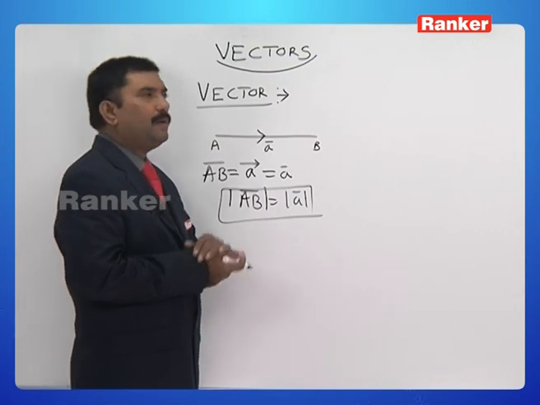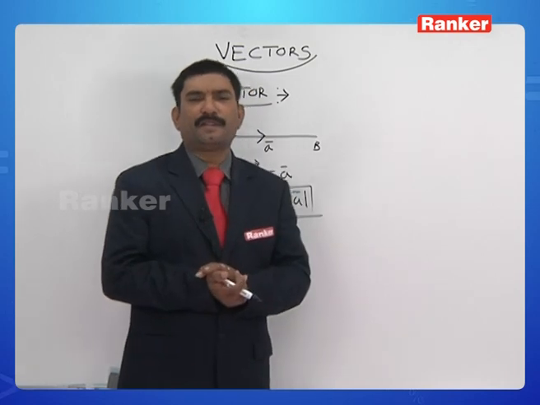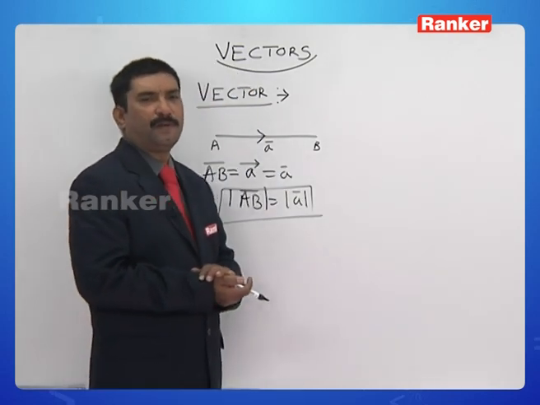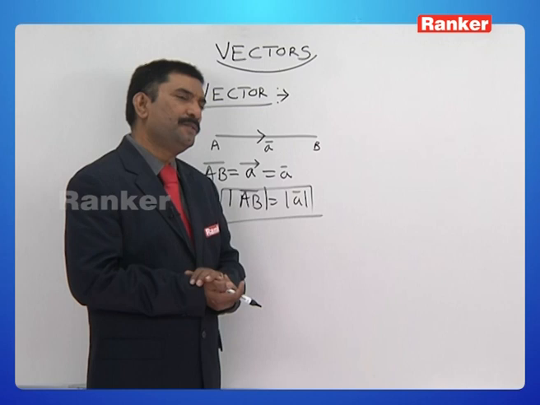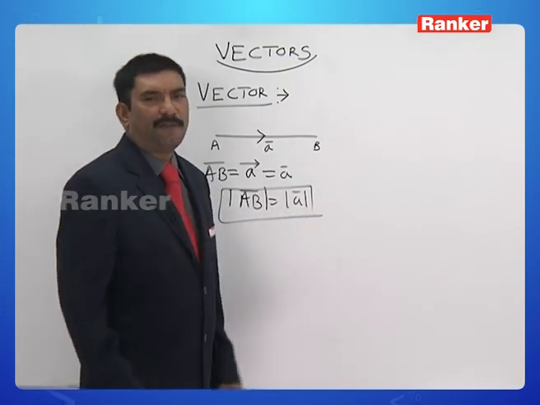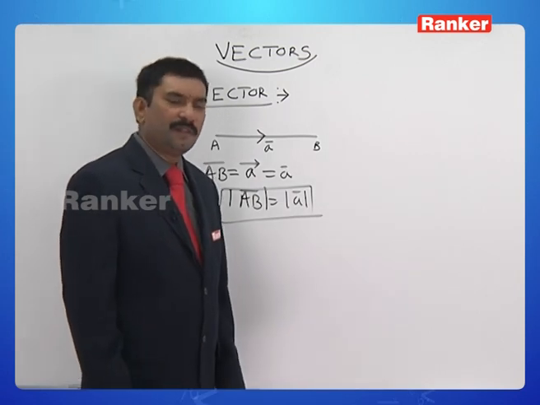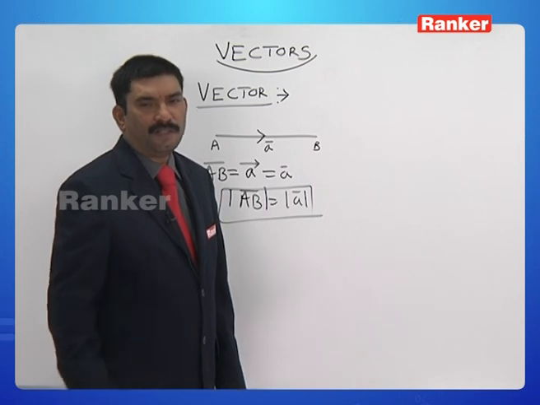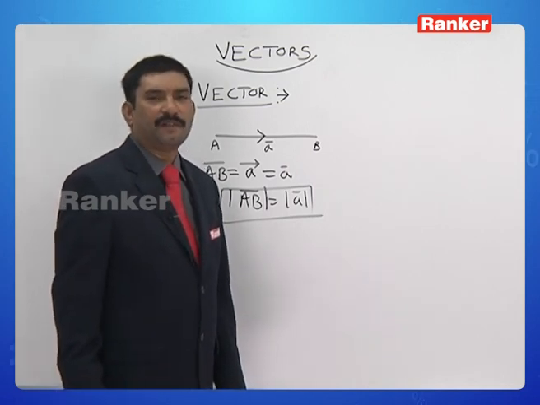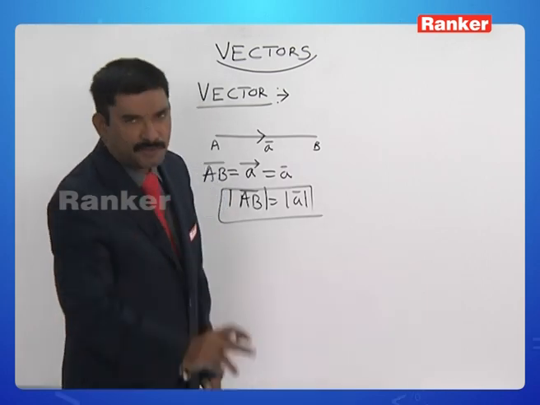What are the examples of a vector? A vector is a physical quantity having both magnitude and direction. For example, force, velocity, acceleration, momentum, etc., all come under vectors, which have both magnitude and direction.